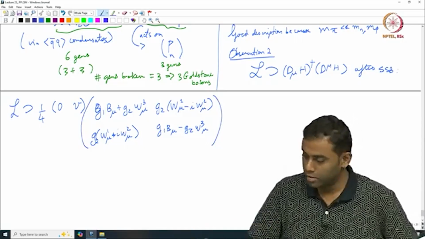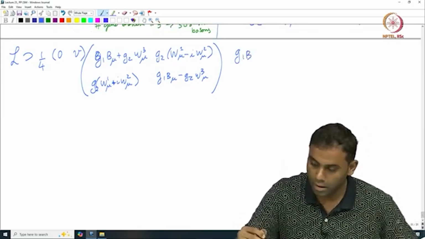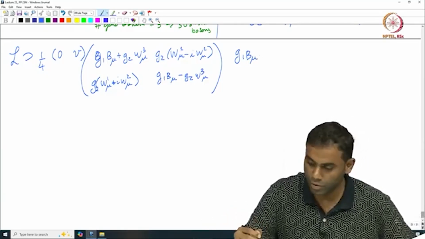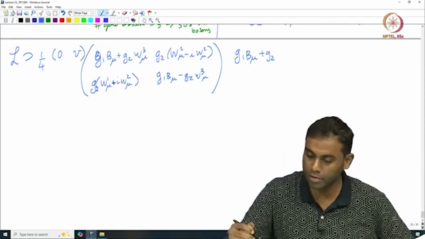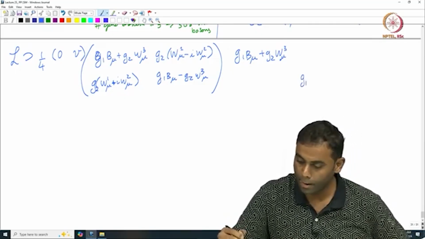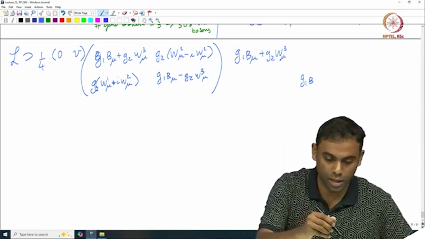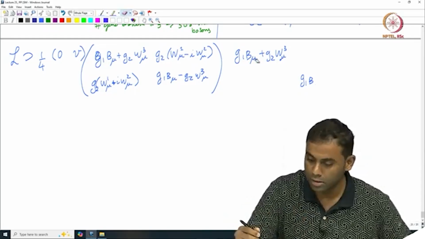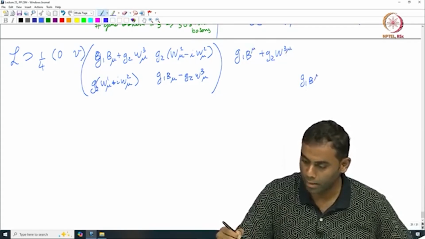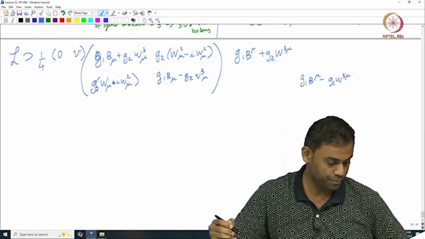Now that's not all. There are more terms. So I'll write this and then look to wrap up the lecture. It's worth writing all this, and of course I need to make sure that the Lorentz indices are contracted, so I'm going to put the indices upstairs. Again this is a minus G2 W3 mu.